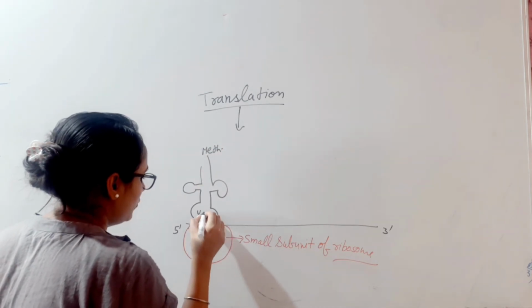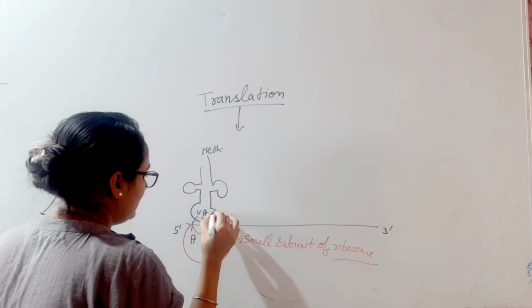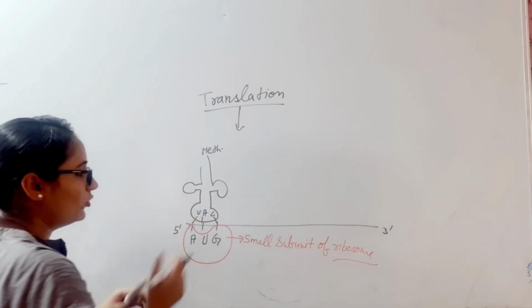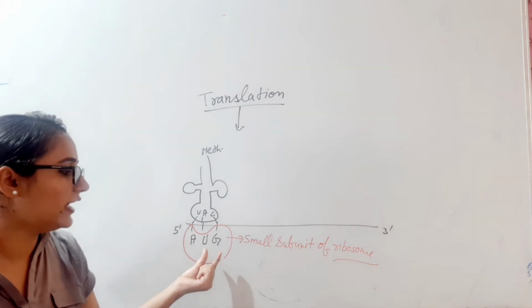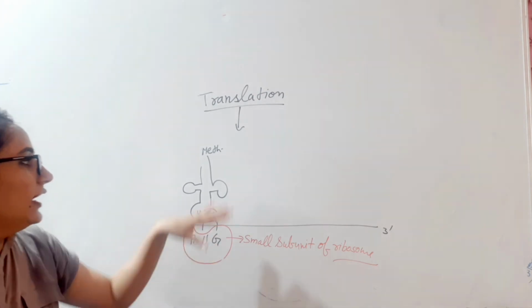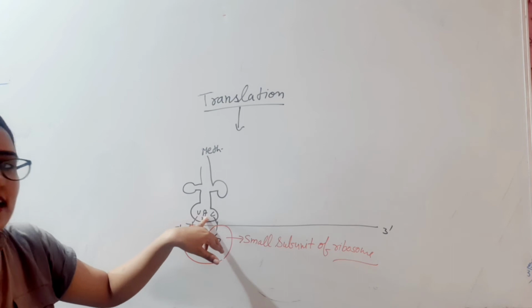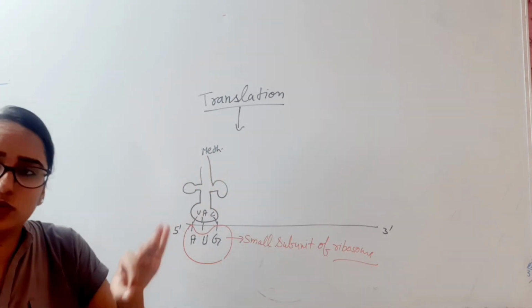So here is U, A and C. Okay, so this is the anticodon loop. This anticodon loop will bind with the codon of the mRNA, that is the AUG, and against this tRNA, methionine is attached to the 3' end.